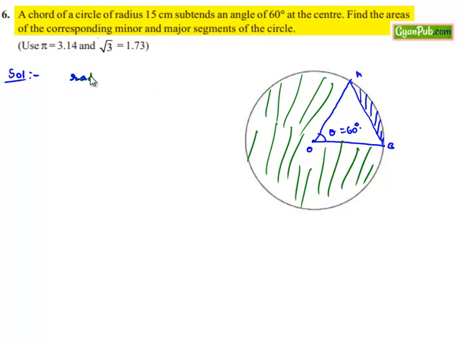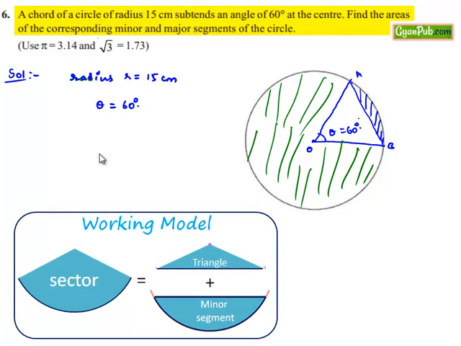Here let us note the given information: radius r is given as 15 centimeters and the angle subtended by the arc at the center is 60 degrees. Therefore we need to initially find the area of the minor segment. That can be obtained by subtracting the area of triangle OAB from the area of sector OAB.